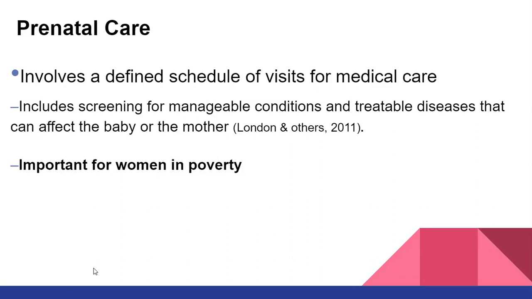All those things are needed to make sure that the baby is being provided with the necessary things needed, where to get diapers from, for example. So for women in poverty, prenatal care is very important because it helps them to get access to other social services.